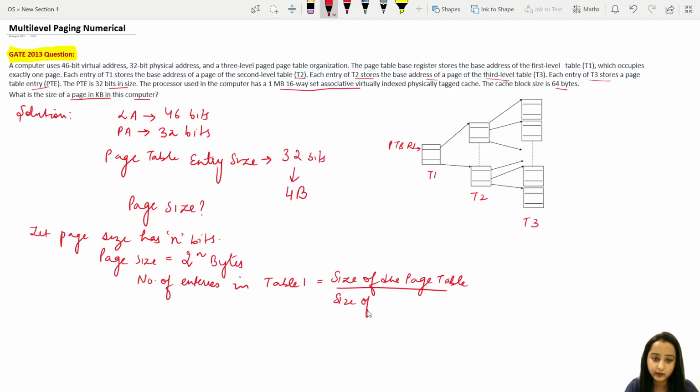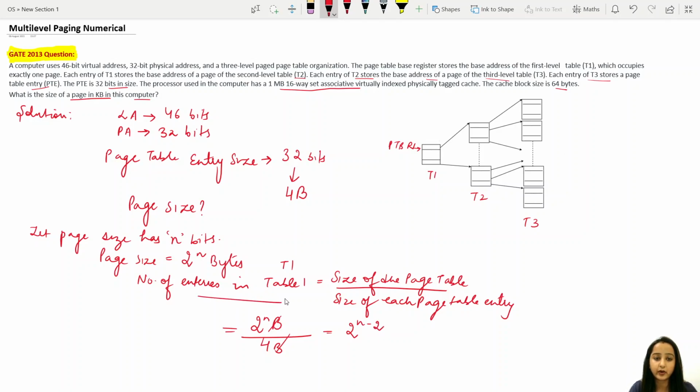For T1, it will be 2 raised to power n bytes divided by 4 bytes. Bytes cancel with bytes, so it is 2 raised to power n minus 2. This is the number of entries in table 1.